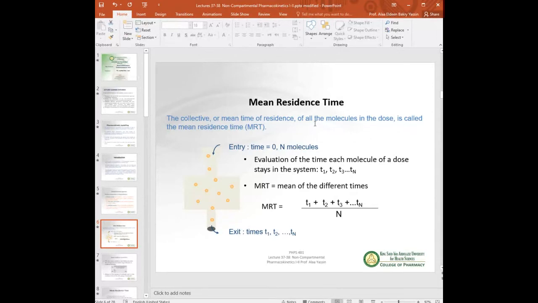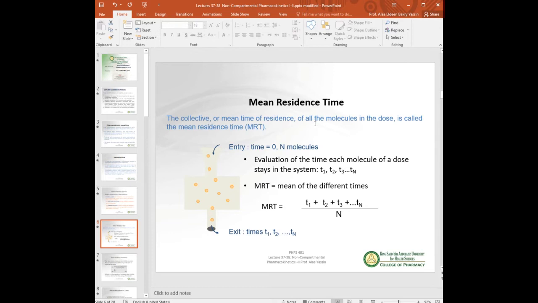So N is the total number of molecules in a dose, the administered dose, and this will be the total number at time zero, the time of administration, exactly. So we can evaluate how many molecules are present in the blood at certain times by taking samples from the blood.